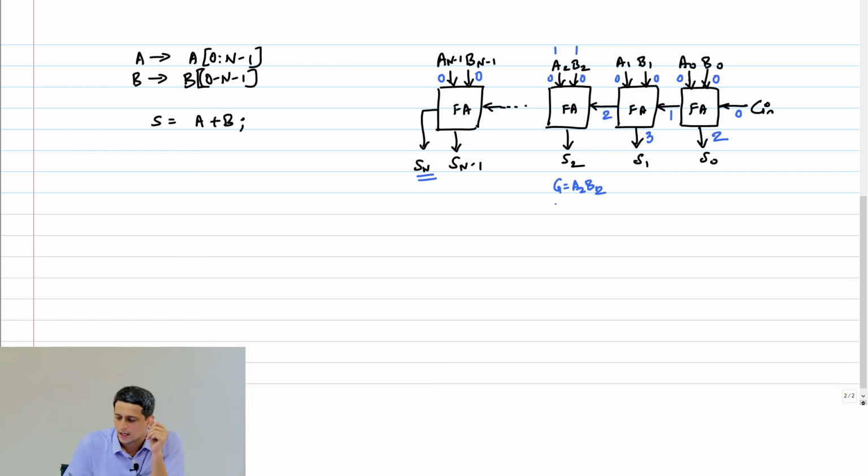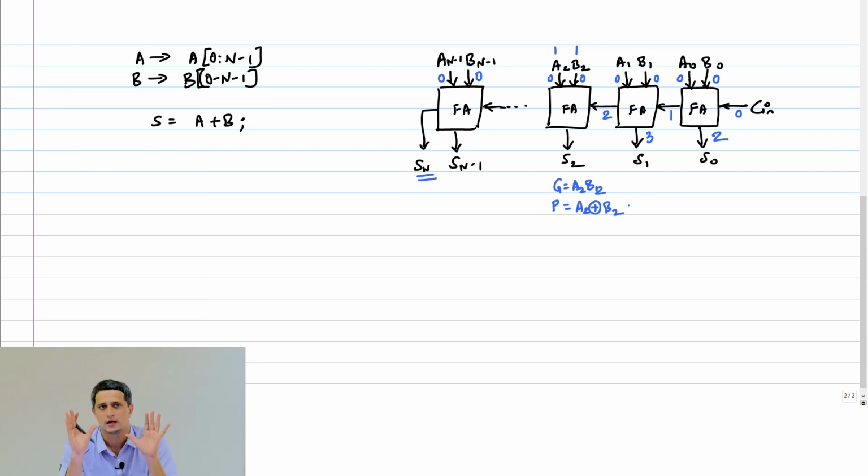Similarly, the propagate here is A2 XOR B2, right? If that happens to be 1, that means the carry has to be propagated, which means that you have to wait for that carry to come. On the other hand, if G happens to be 1, then I can say that from this stage onwards, everything can just evaluate with that generate signal. I don't have to wait for the carry in.